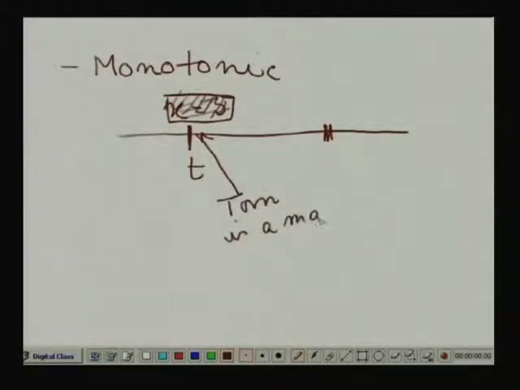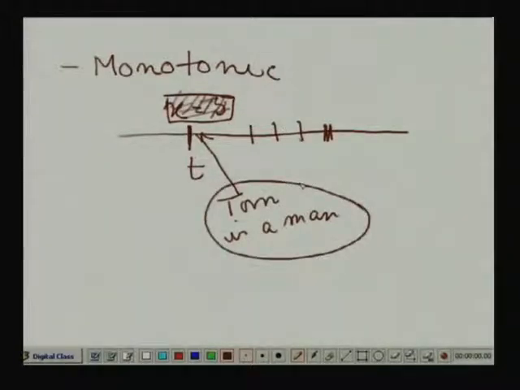The arrival of other facts are being inferred at these points of time during the reasoning process, but we will never revise this. We will add on new facts here, but this will not be revised. On the other hand, the other type of reasoning is called non-monotonic.